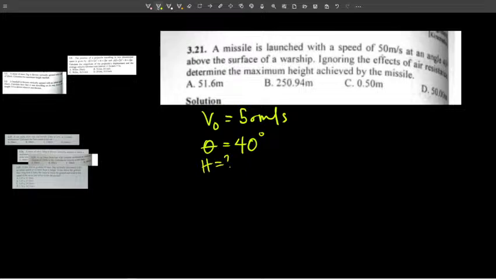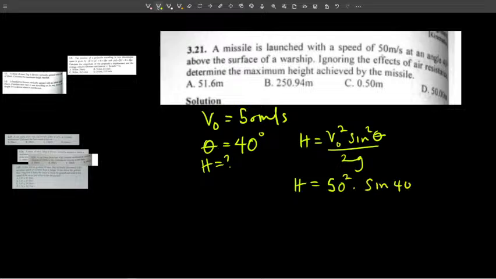So we can use our famous formula that says that h is equal to v naught square sine square theta over 2g. So h will be equal to v naught is 50, so that will be 50 square times sine 40 all square over 2 times 10. So h will be equal to 2,500 times sine 40.